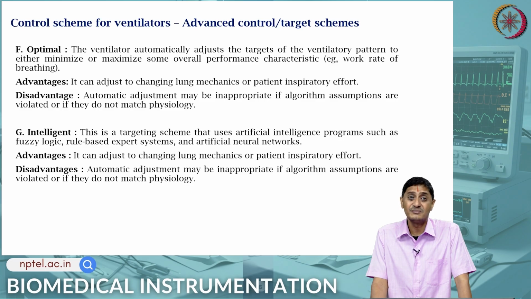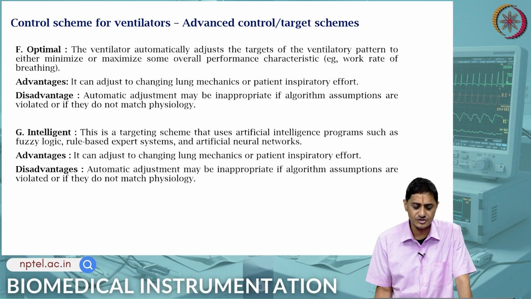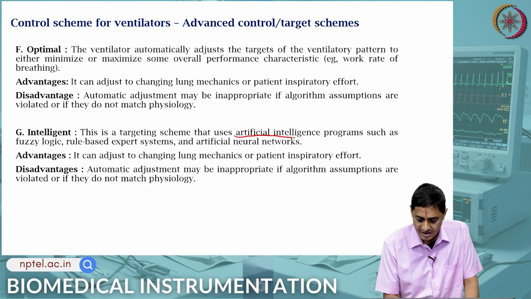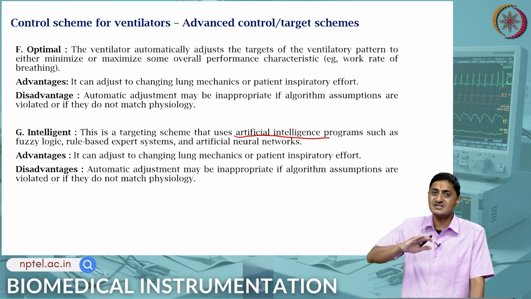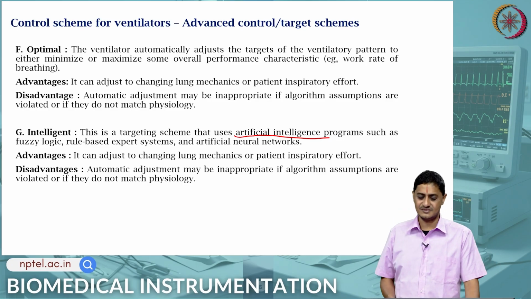Then you have some intelligent system. This is a situation in which you use AI, artificial intelligence, and some rule based expert system or some fuzzy logic or something like that, some ANN, something that can adjust to changing lung mechanics as the patient is improving or as the patient is worsening.